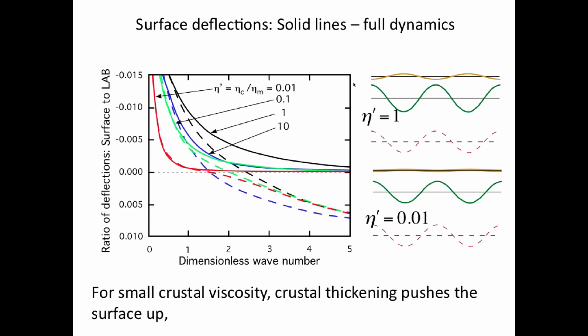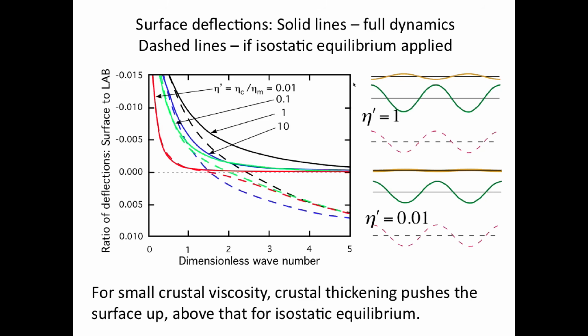The biggest one is for the case where that ratio is 1, the biggest of the ones I'm showing here. When this is very small, then you have almost no topography at all. And if you then make the calculation for isostasy, those are the dashed lines, again, you pull the surface down more than you would allowing for the dynamics. So the dynamics are contributing here, in this case, to support of the topography above.